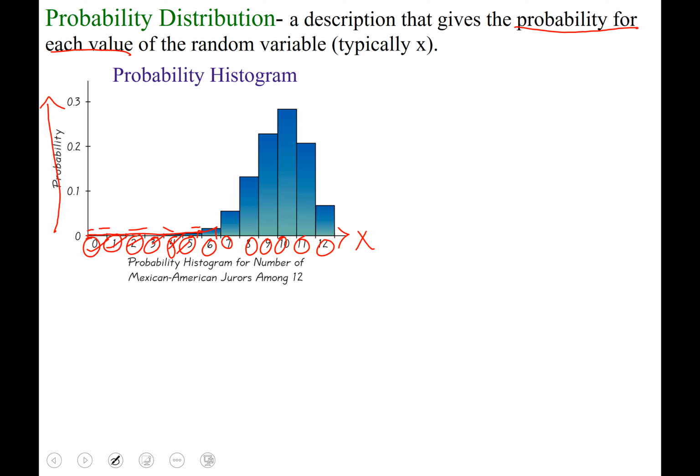Probability of having exactly 7 out of 12 is represented on this axis. Probability of having exactly 8 out of 12, exactly 9 out of 12, exactly 10 out of 12 is our highest probability. Probability of having exactly 11 out of 12, and then having all 12 out of 12. So the vertical scale, or the height of each bar, represents the probability. Let me erase all that now.